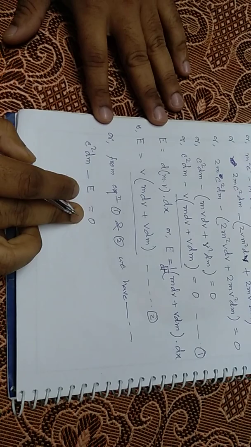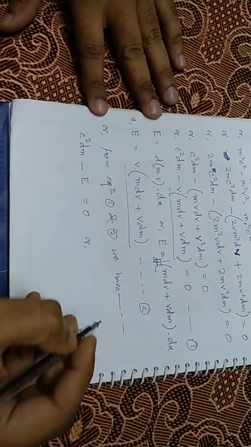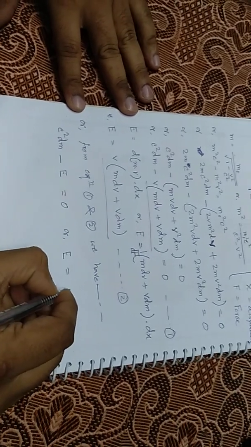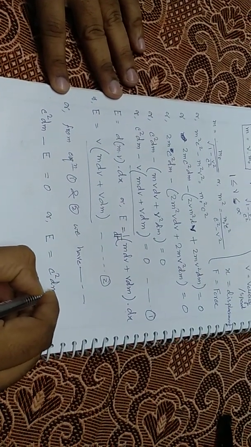If I simplify this, we have E equal to c square dm.